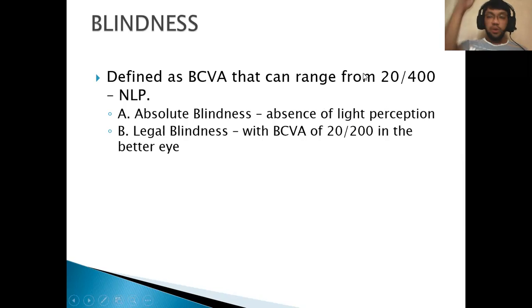Or this one, 20/400 to no light perception at all. But for legal blindness, this is having a BCVA of 20/200 in the better eye. So if you have a visual acuity of 20/200, you are already considered legally blind. You need to have corrective lenses in order for you to see, in order for you to perform your everyday tasks.